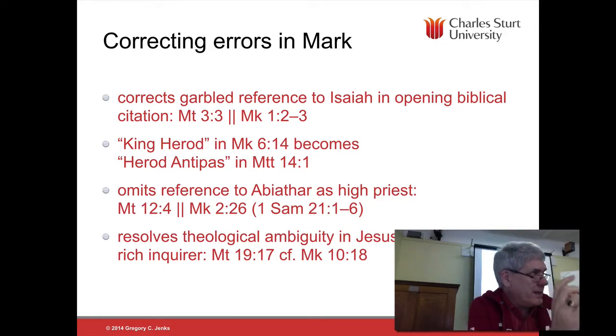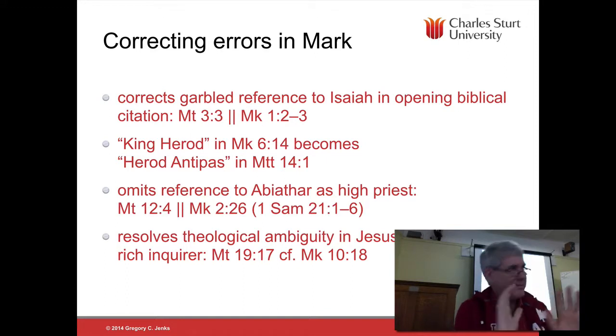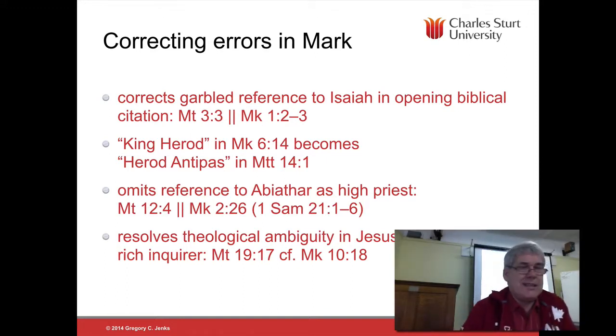And Matthew changes that to, "Why do you ask me about what is good? Only God is good." So Matthew has alleviated a potential embarrassment, that Jesus is saying, "Don't confuse me with God," in Mark and Luke, and Matthew's rearranged it so that Jesus is not saying that any longer. So he's just resolving a kind of theological ambiguity.